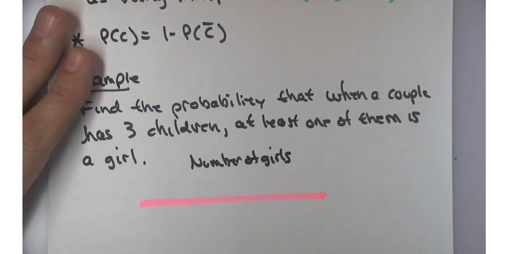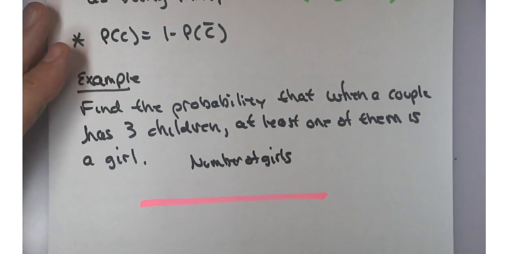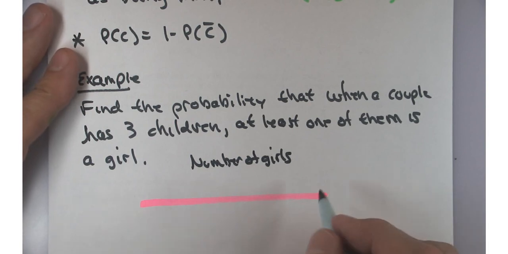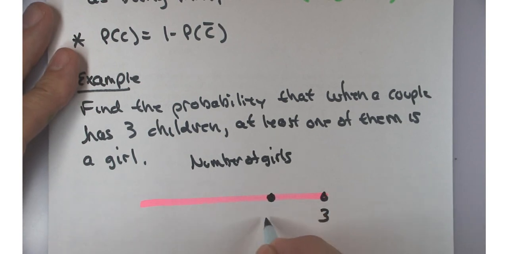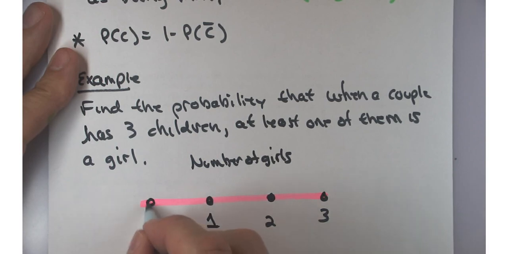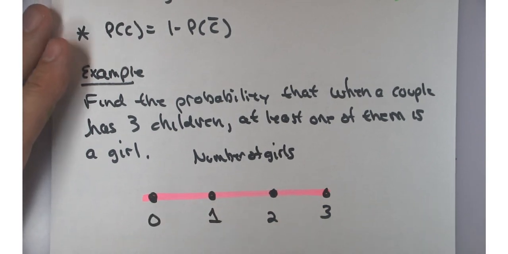How many girls could you have? What are the different possibilities when a couple has these 3 children? What could you have in terms of number of girls? 3. Anything else? 2. Anything else? And 1. And none. Yeah, that's important to remember the none.